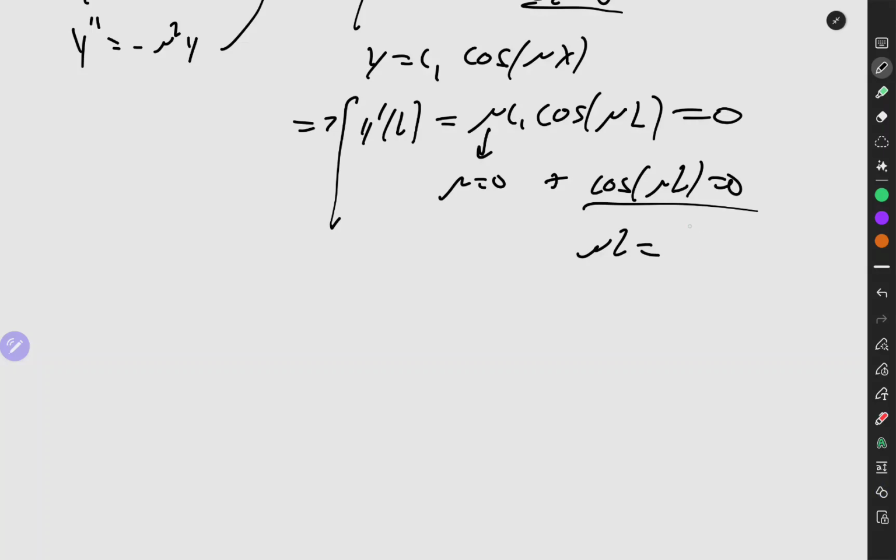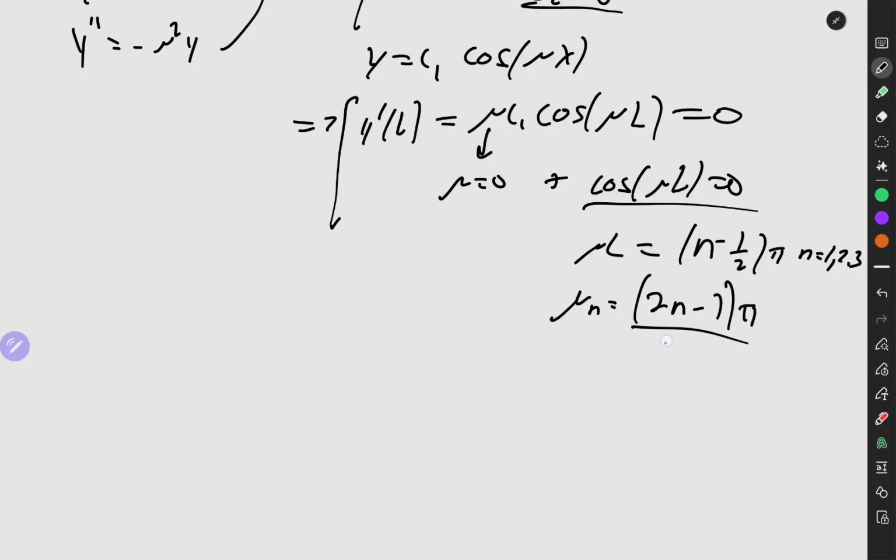So then it's n minus 1/2 times pi. So then mu. Oh, not this again. Okay, so let me write it like this. Same exact thing, right? I think that's right. Let me make sure.